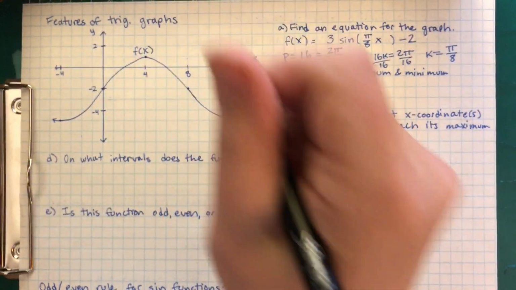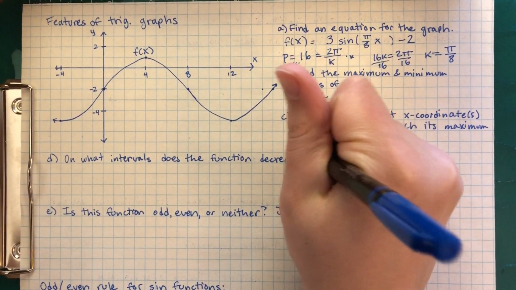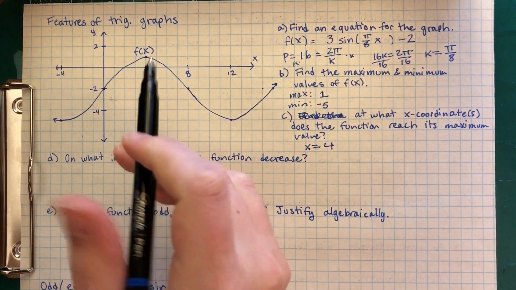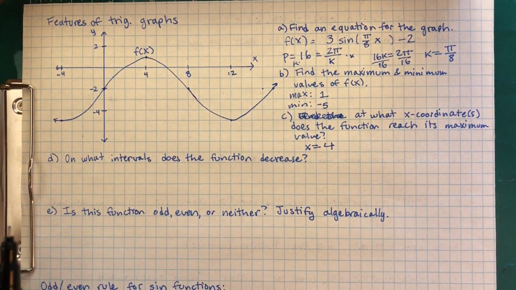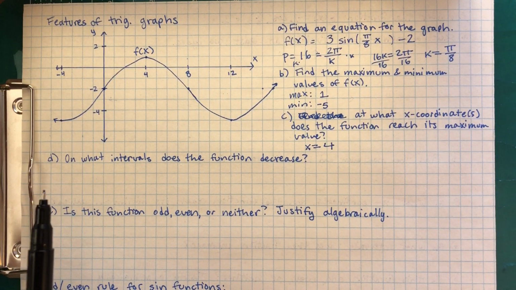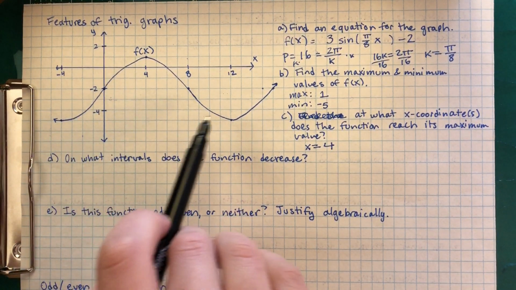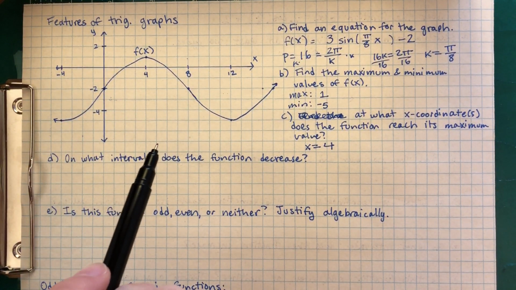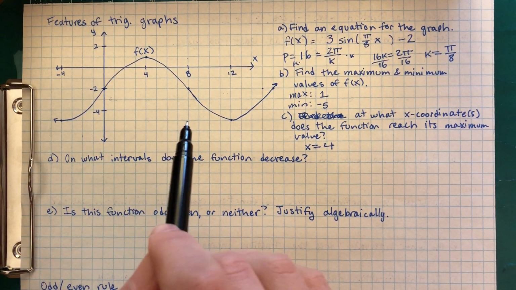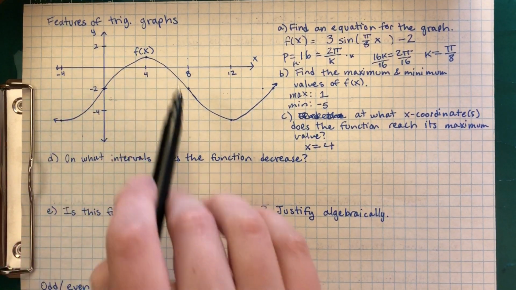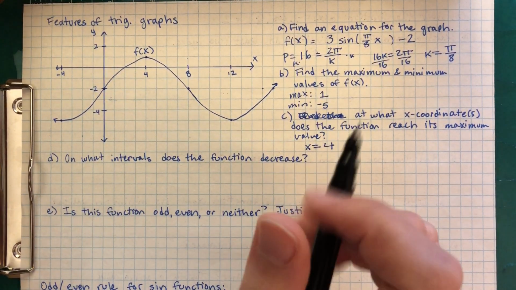We can see that it reaches its maximum value here at x equals 4. However, even though that's the only one that we see on the graph, that's not actually the only place that this function reaches its maximum value, because we know that it goes in a cycle.